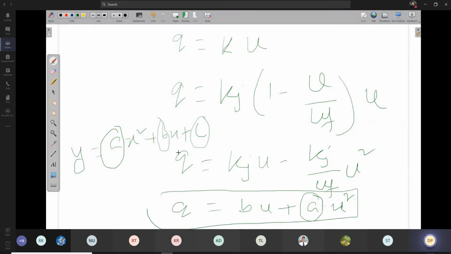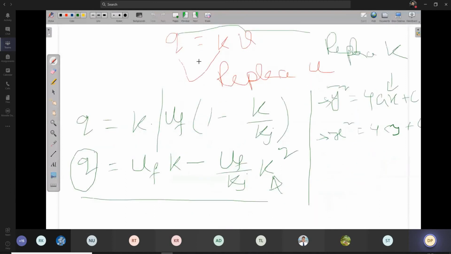You can take this one or this one, both are correct. If you write this equation, then you have to write down somewhere what the value of b and a is. And then we got the relationship between Q and K also. So these are the relationships between different parameters.